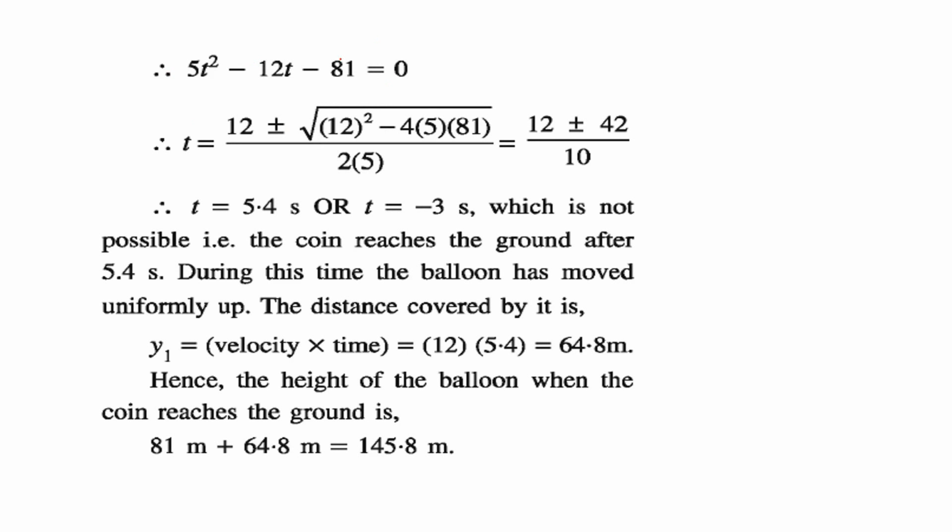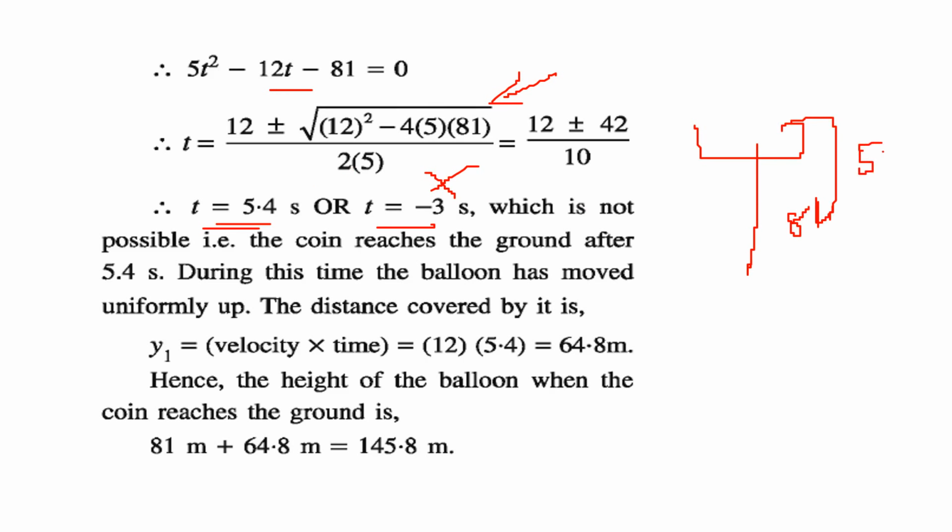When we solve for t using the Sridharacharya formula, we get t equal to 5.4 or t equal to minus 3. Now time with negative value is not possible. So we'll only take t equal to 5.4. Now during this time, the balloon was already at 81, but because the coin has taken 5.4 seconds to reach, by this time the balloon might have gone up, because it is going with the uniform velocity which is 12.